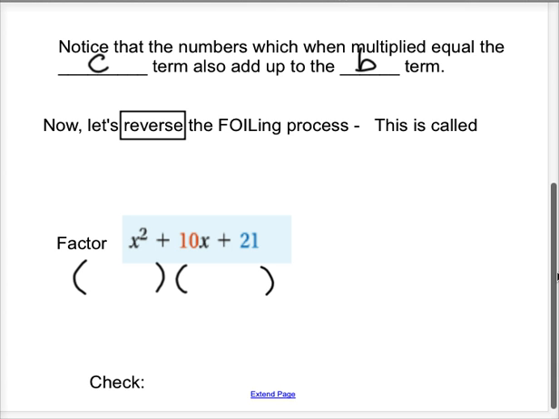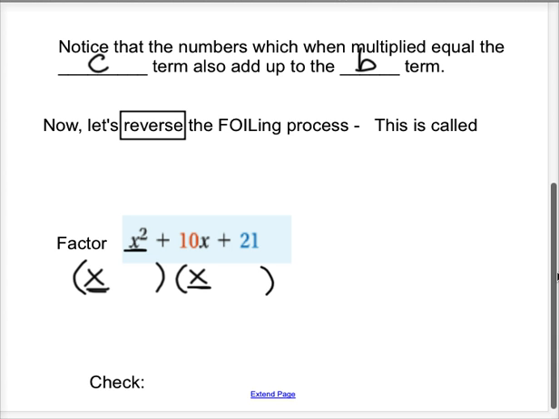Now, these two terms here, remember this x squared was created by those two terms. That is why it's really easy when you just have an x squared there. Because what two things multiply to give you x squared? Well, x and x.